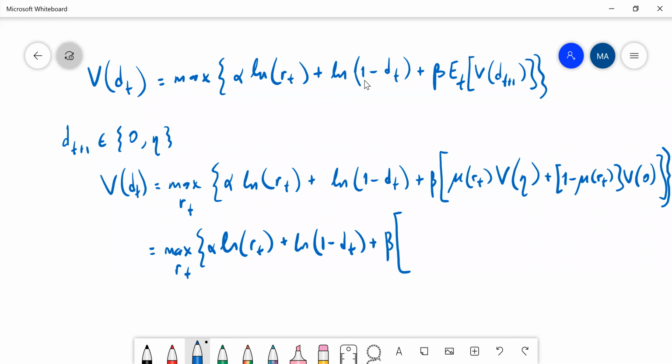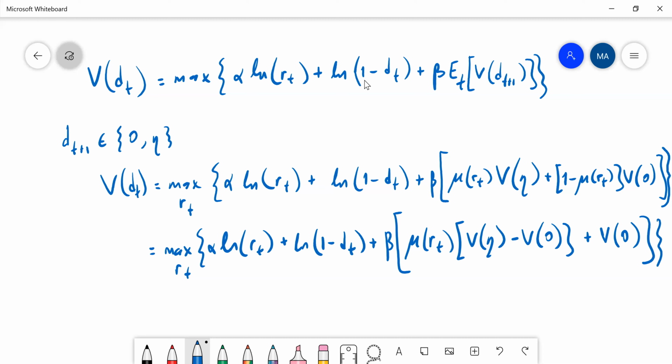Now careful, you have mu RT times V eta minus V0, plus V0, right? That's the continuation value. And this is theta RT squared, right?